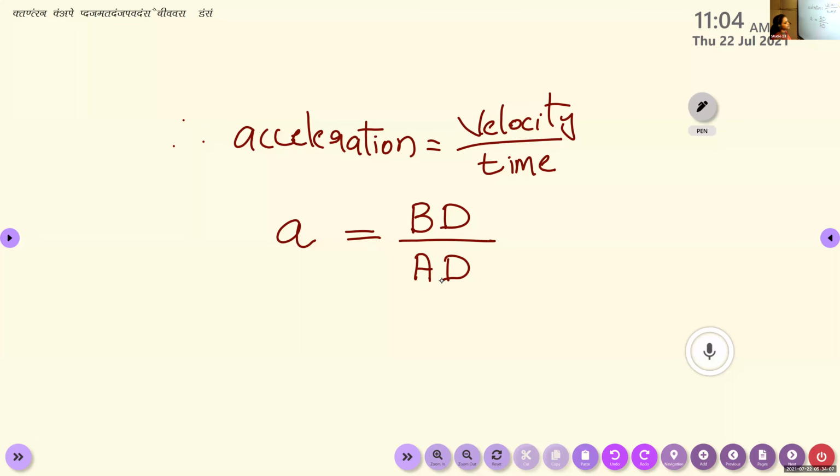So acceleration A is equal to BD divided by AD.